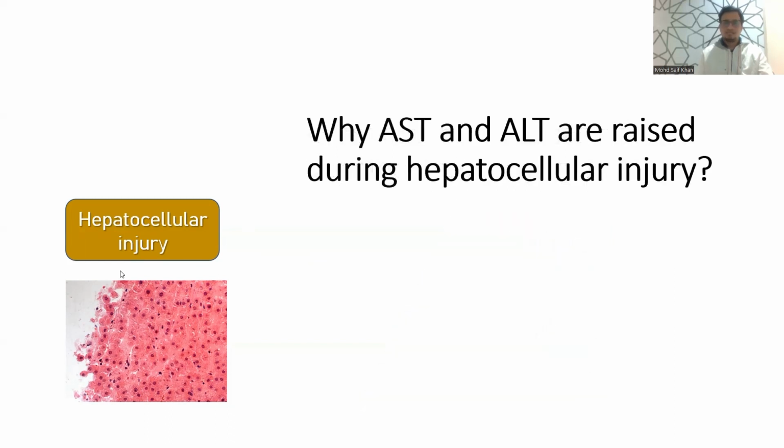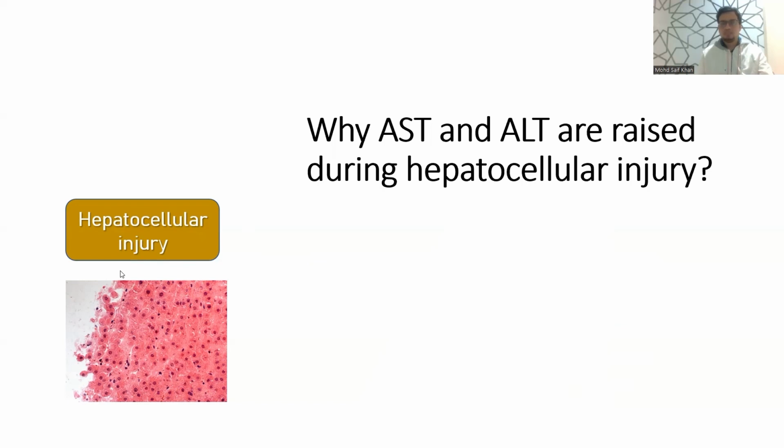Now, why are AST and ALT raised during hepatocellular injury? That is a common question anybody may ask, may be very curious to know. The normal level of ALT is usually within 50 to 55 units per liter, whereas AST is usually less than 50.